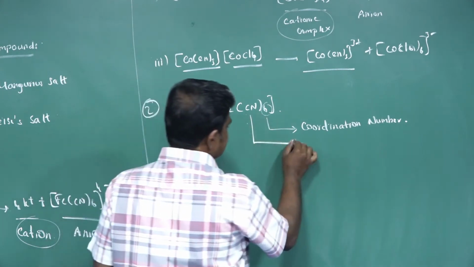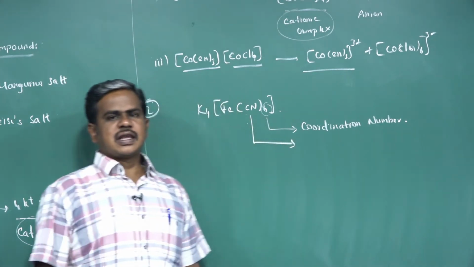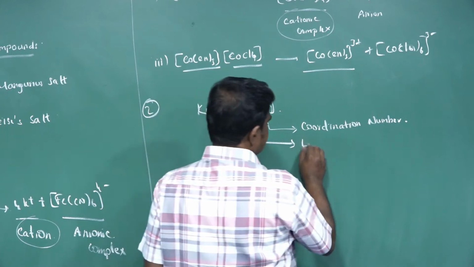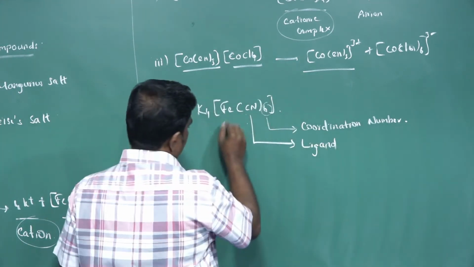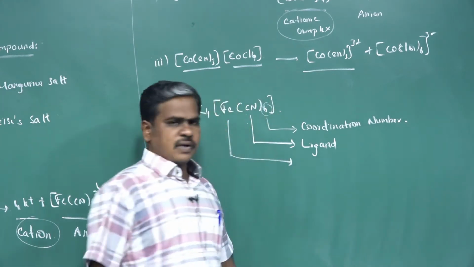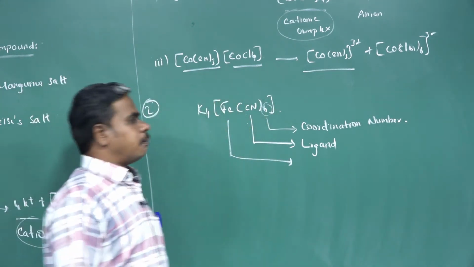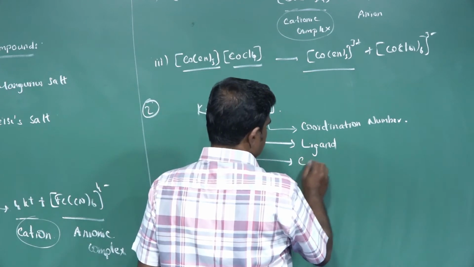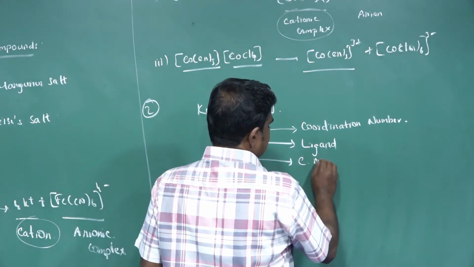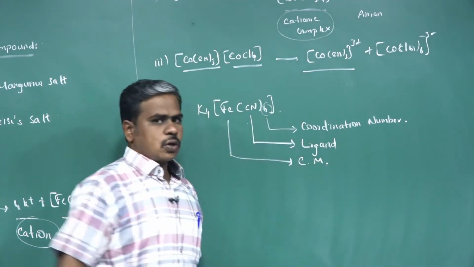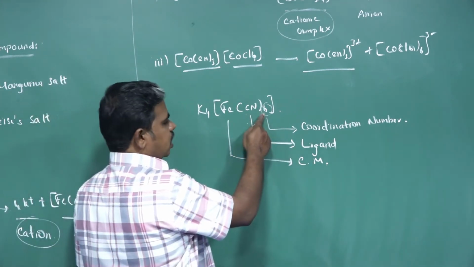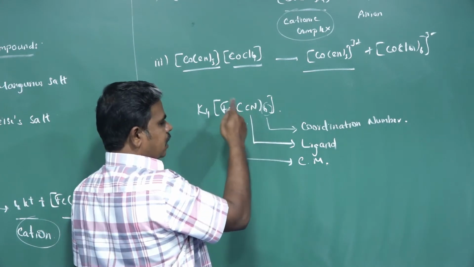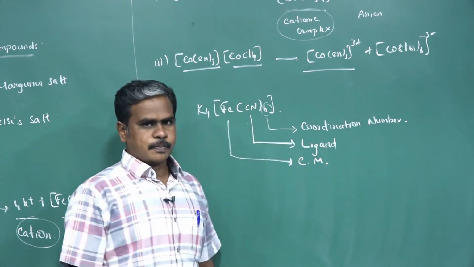Now what is CN? CN is nothing but the ligand. Then what is that Fe? Fe is nothing but the central metal atom. So a complex is made up of coordination number, ligand and central metal atom.